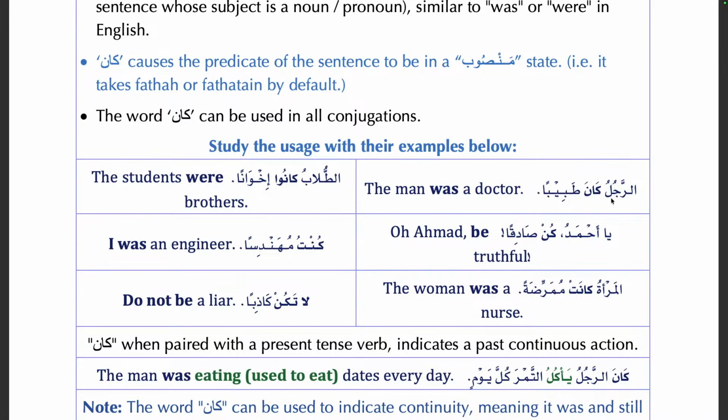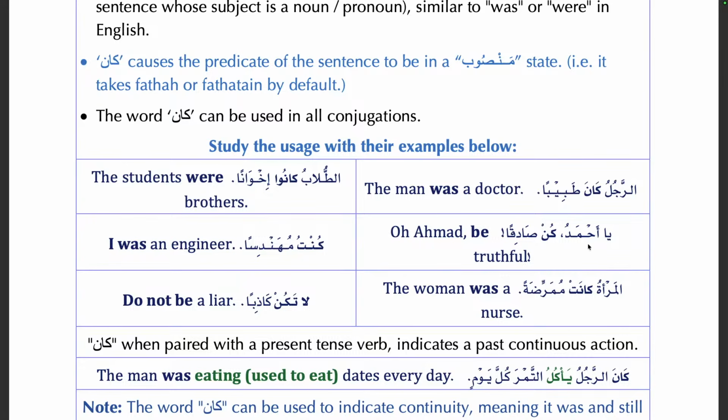Ar-rajulu kana tabiban. The man was a doctor. Or kana rajulu tabiban. At-tullabu kanu ikhwanan. The students were brothers.